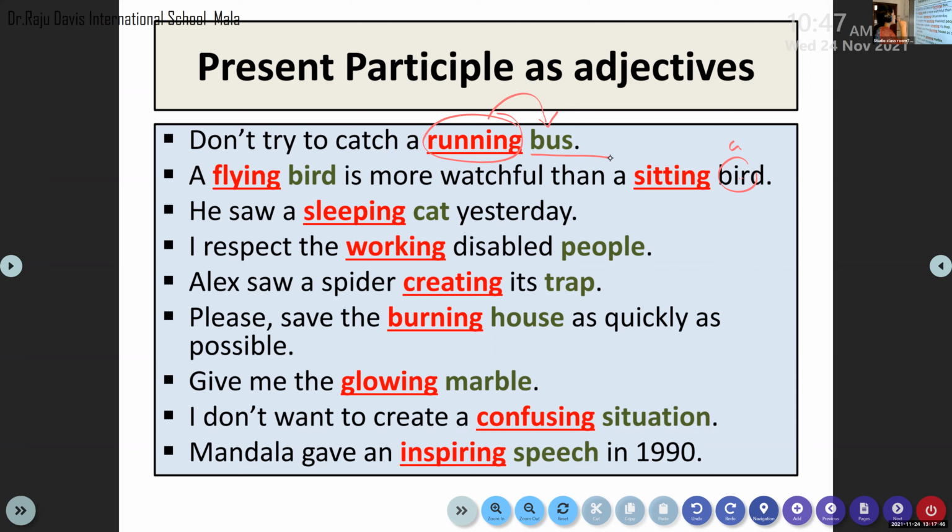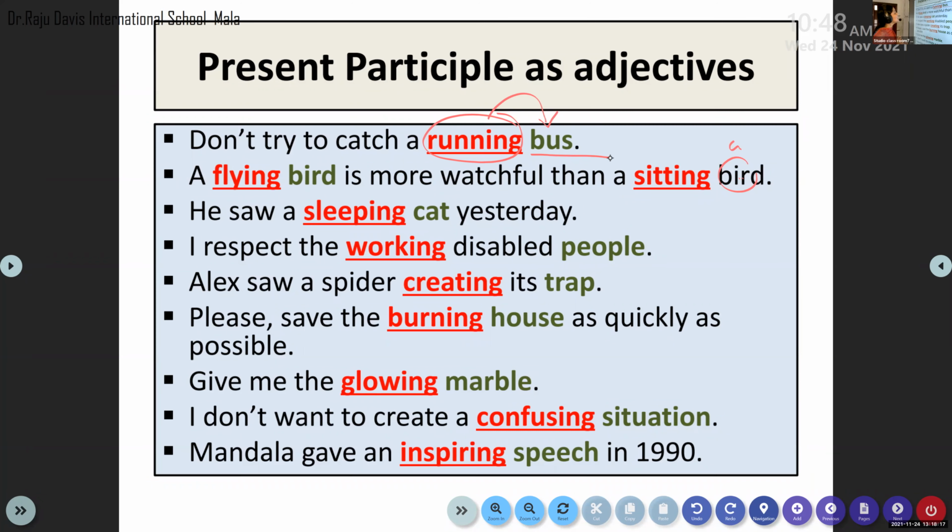So in "a flying bird," bird is the noun. The word ending in ing, flying, is used to qualify the noun bird. It gives a quality. It talks about the present situation of the bird. It is flying, and in the second half of the sentence, it is sitting. So we are describing the word here with the help of the ing form. In all these sentences, present participles are used in the form of adjectives.